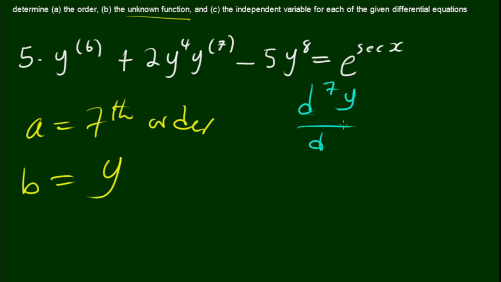The other variable in the equation is x, so it is dx to the power 7. So that's how you get the unknown function, and C, which is the independent variable, is the x here.